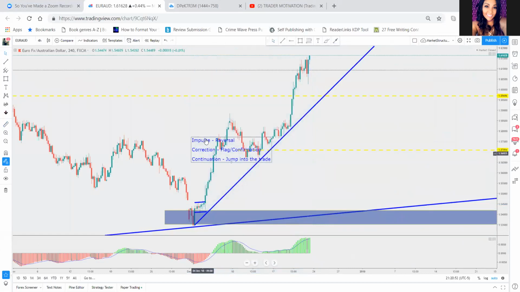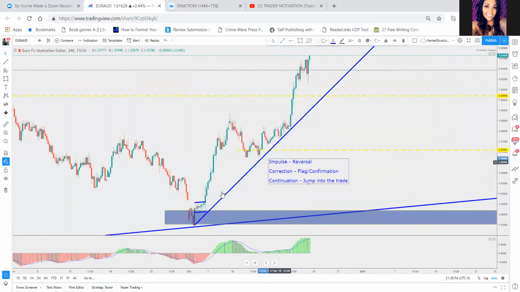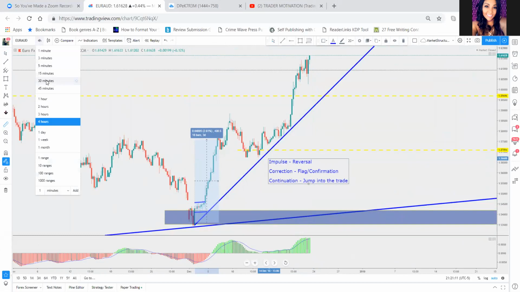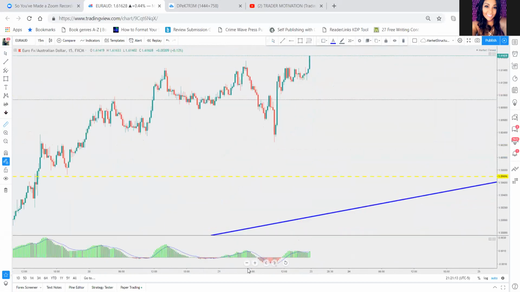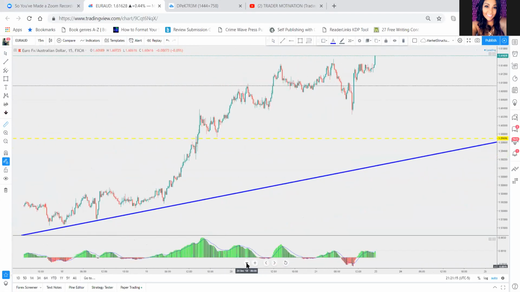Now, had we been looking to jump in on the higher time frame, we would have missed, let's see, 400 pips before we saw an opportunity for pullback. So that's why, even though we mark up on the higher time frames to see the overall picture of the market, we're going to break it down to our 15-minute to start looking for those flags or those entries.